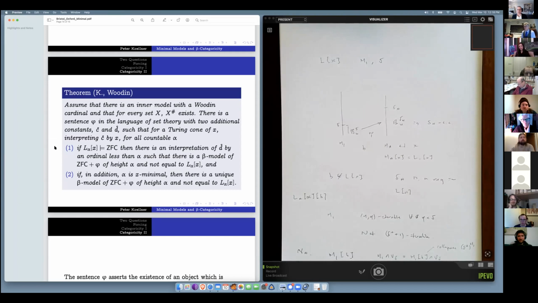I mean, this is just doing it in the boldface case. It's an analog of V equals L of X, where you have this constant to describe X. And I should say, in constructing this, we need to get everything ordinal definable, so you can't even refer to X. So what you do is you wash that out.